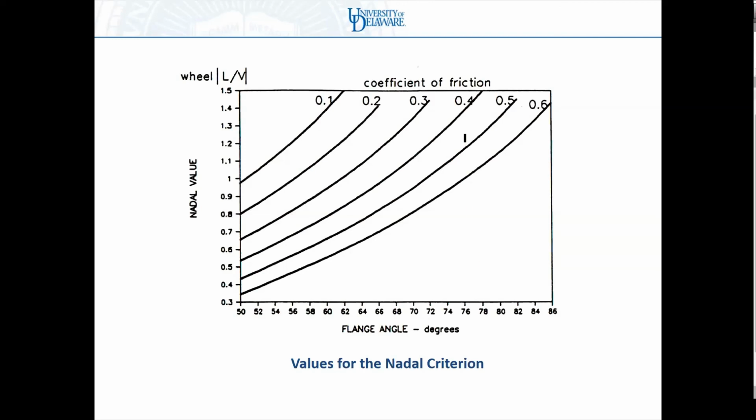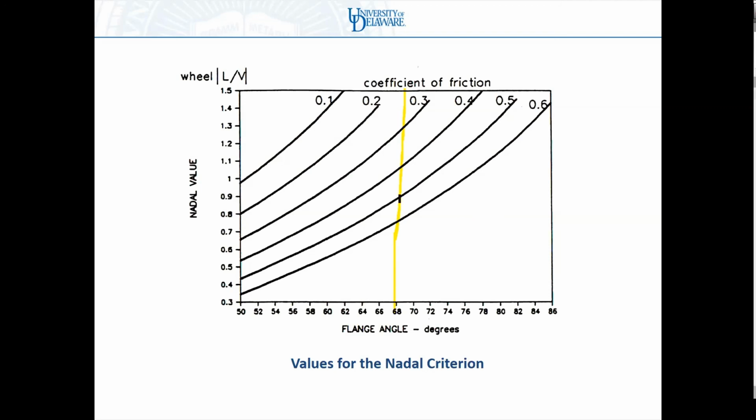For a given wheel flange angle, as the coefficient of friction increases, the L over V threshold decreases, which means the risk of wheel climb increases. So if I have a coefficient of 0.3 and a flange angle of 68, Nadal tells me my L over V threshold is about 1.25.